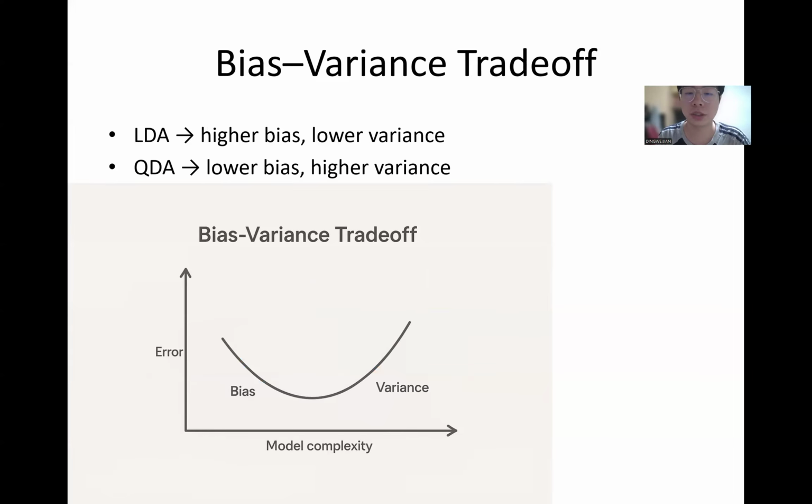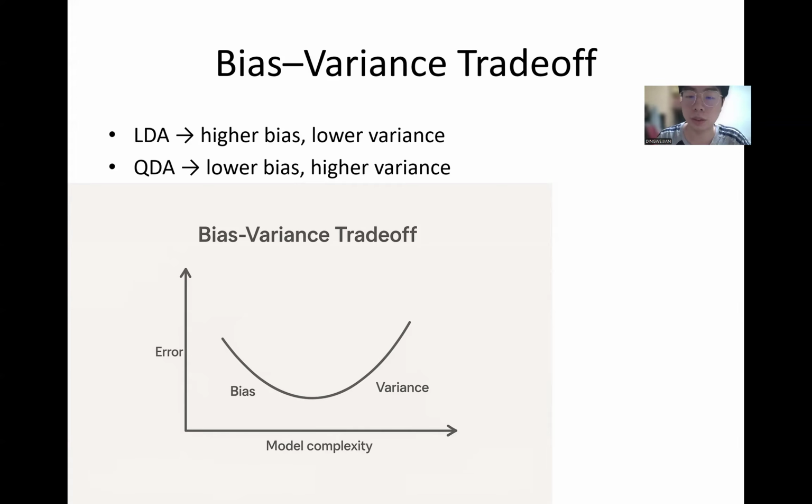Now the bias-variance trade-off helps us understand when each model works best. LDA has higher bias, is simple, but has lower variance, which means LDA is more stable. QDA has lower bias, meaning it is more flexible, but QDA has higher variance.